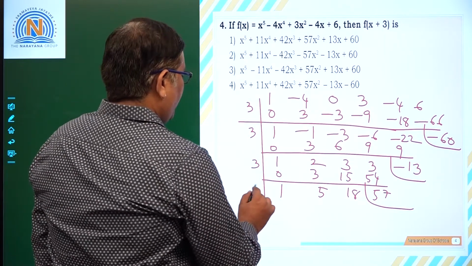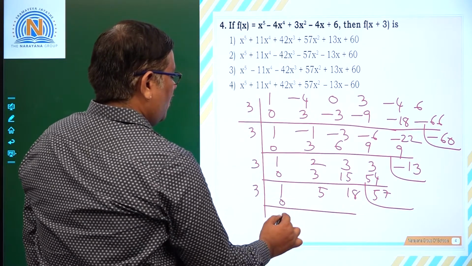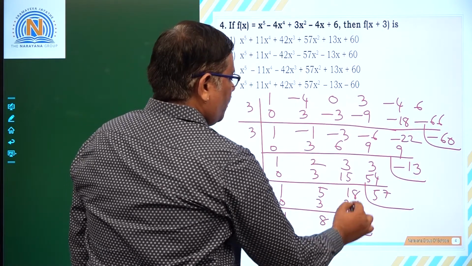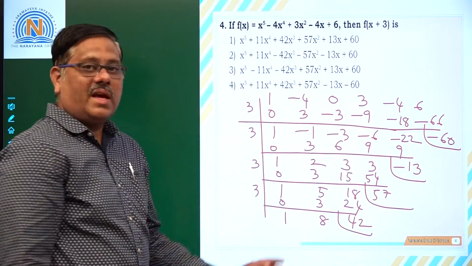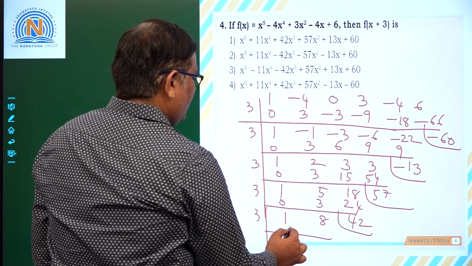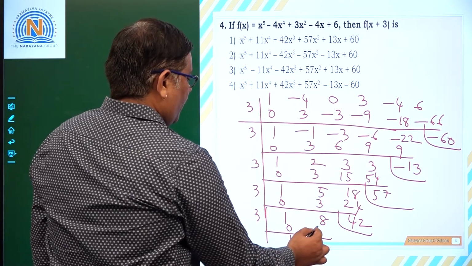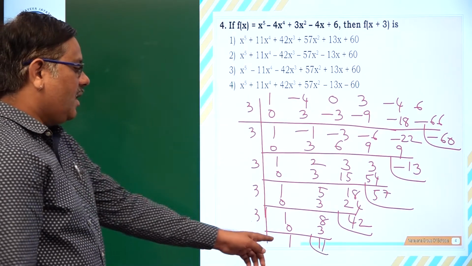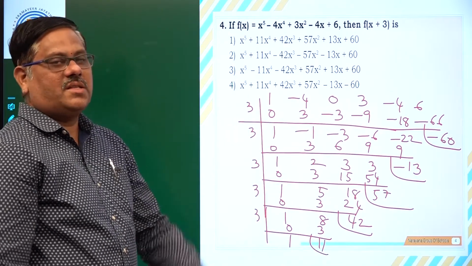Next 3, again you start with 0. 1, 3 ones are 3. 8, 3 8s are 24, so we are going to have here 42, that is the x cube coefficient. Next you take 3, 0, 1, 3 ones are 3, we got 11, that is the x power 4 coefficient, and 1 is the coefficient of x power 5.